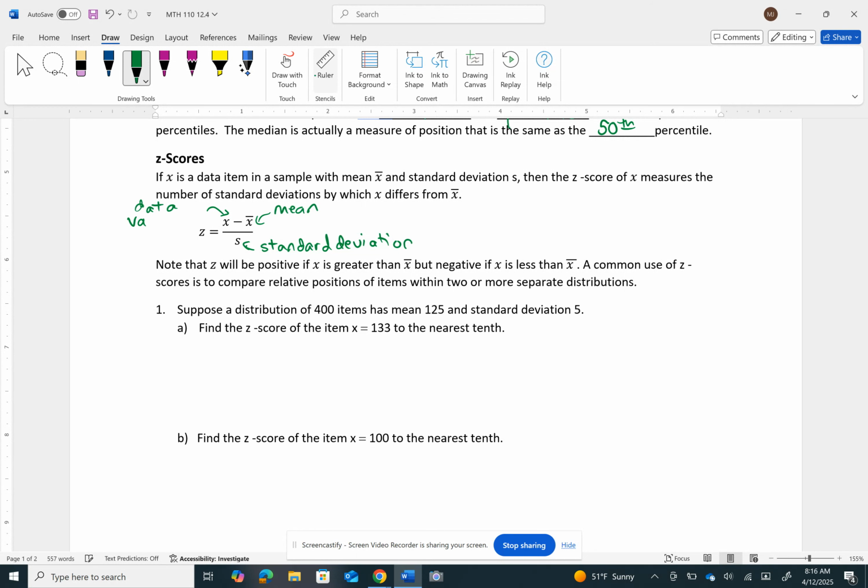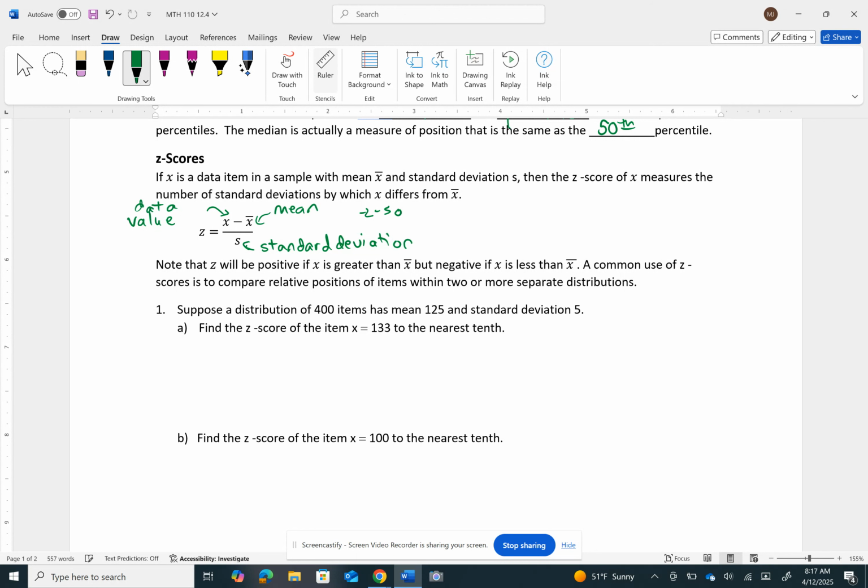And remember, what you're trying to do with measures of position is give a number that tells you where that particular data value falls as compared to all the other data values in the data set.